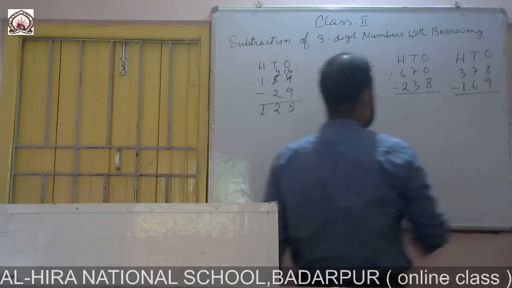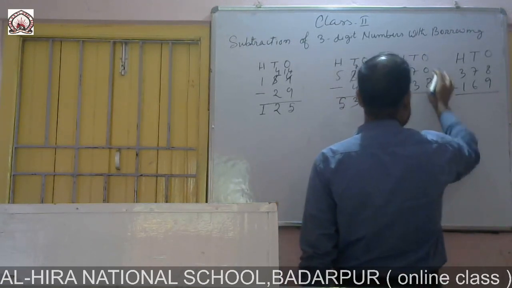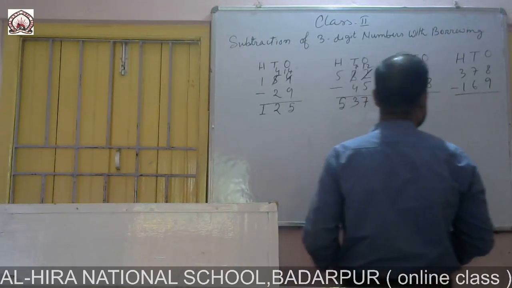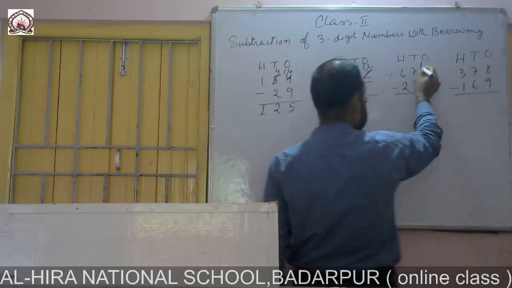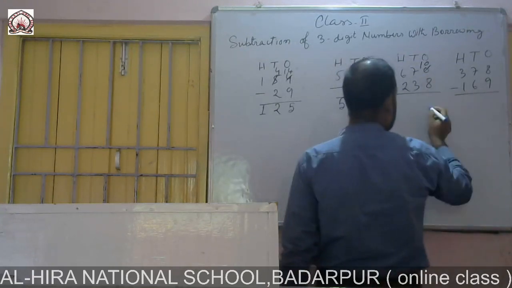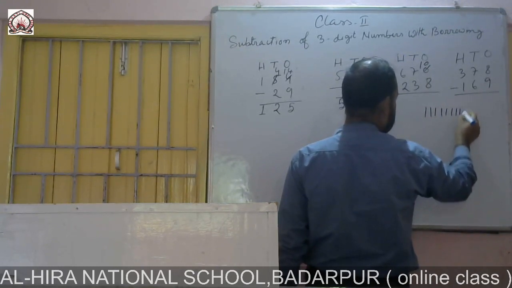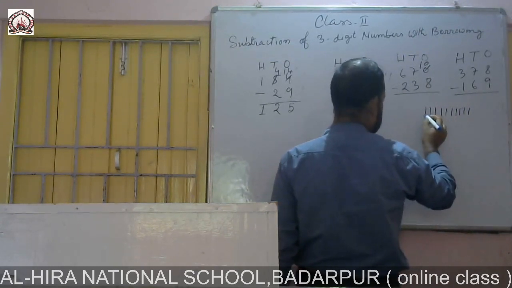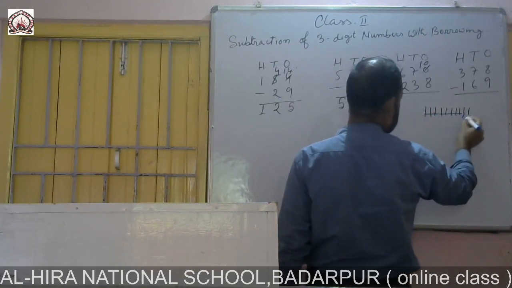Next example, there is 0. 0 minus 8 can't, so borrow 1 from 7, then there is 10. 10 minus 8: 10 lines, we cut 8, remain 2.